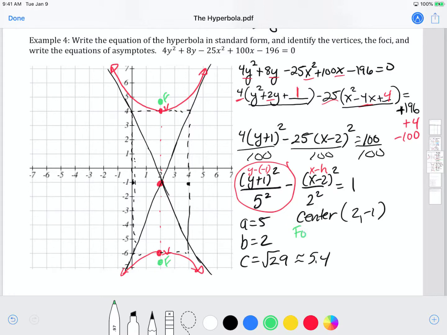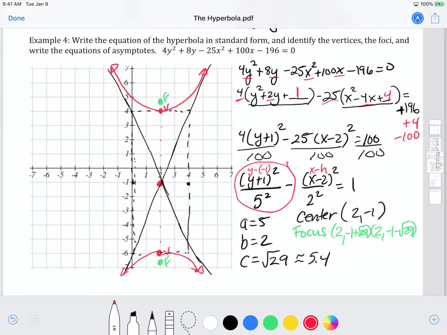My focus points, if I want to write down my values or my ordered pairs, it's going to be 2 for my x, but I'm moving vertically, so I take whatever my vertical value is and I add or subtract my value of c. So it's -1 plus the square root of 29 and -1 minus the square root of 29 if I want to write it as an exact value.